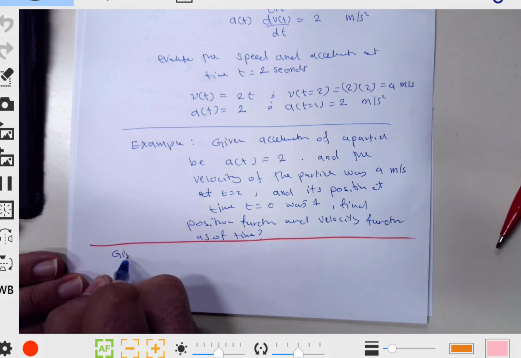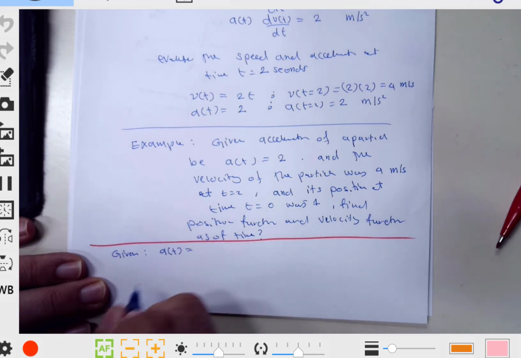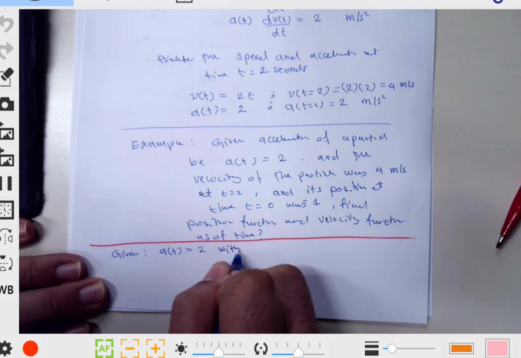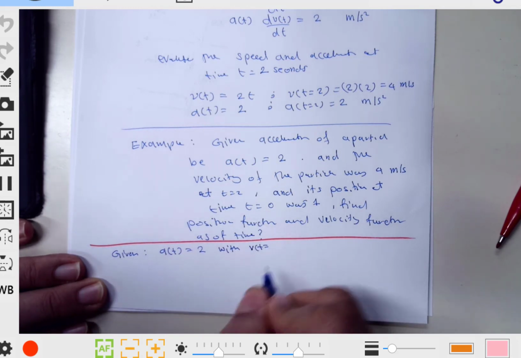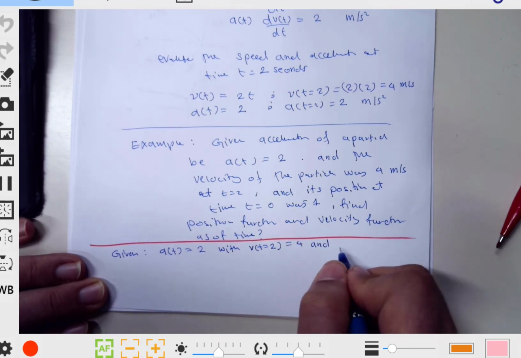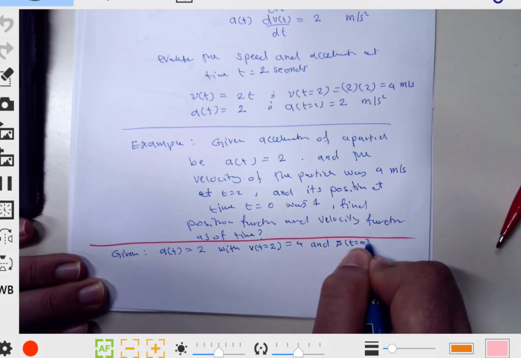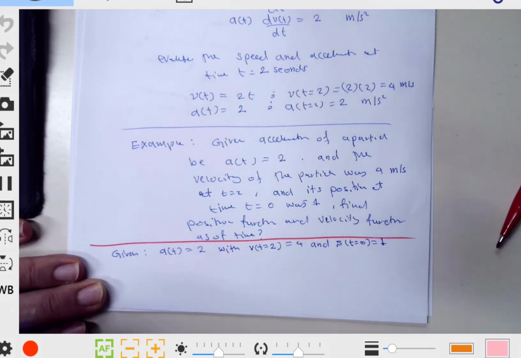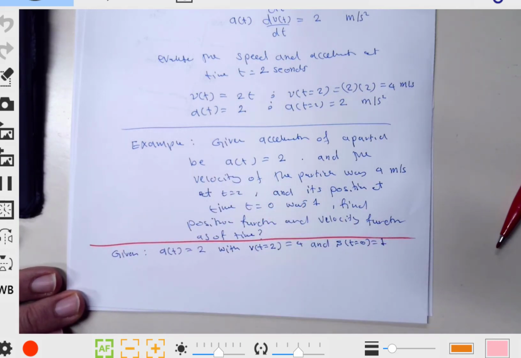So given, for the first portion, a of t is equal to 2, with velocity at time equal to 2 equal to 4, and position s at time equal to 0 equal to 1. What we want to find is the velocity. So I'm going to flip this page and go to a new fresh page.